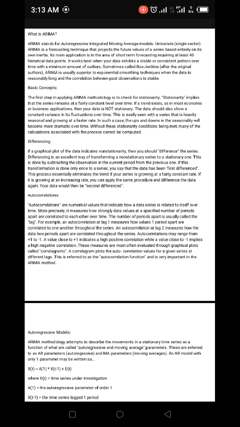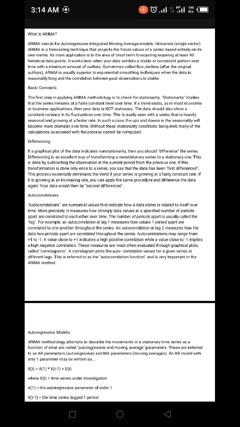I think a series should have at least 40 historical data points. It's mostly where we use the ARIMA model. This model was first written by, I think, two authors called Box and Jenkins, and they named it ARIMA because of its nature.